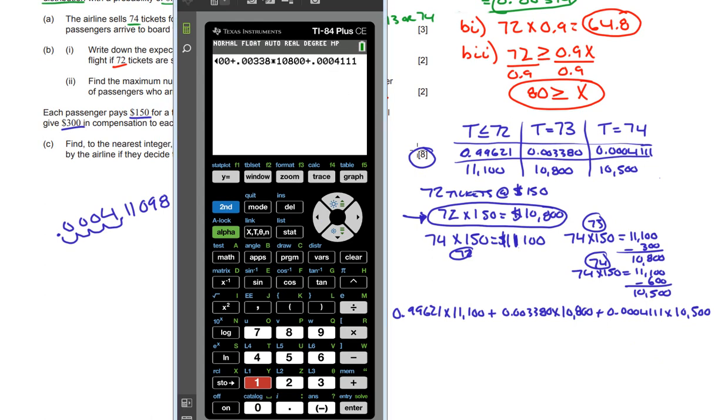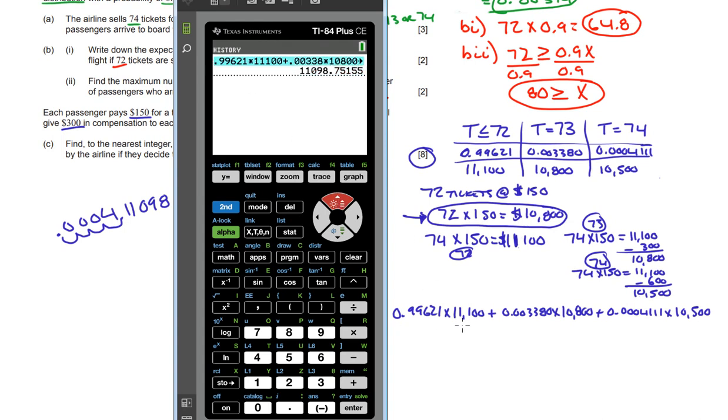So let's just double check to make sure we got these all in there, right? We got 3 zeros and a 4111. Oops, times 10,500. Right? Oops, and I push enter, except for I forgot to check the rest of them.